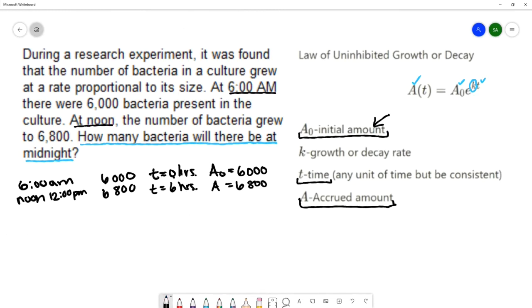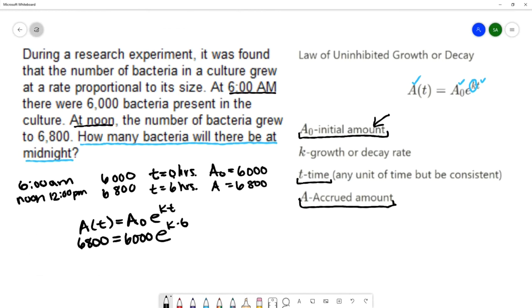So we start with our formula, A of t equals A naught e to the kt. We're going to substitute in 6,800 for A of t, 6,000 for our initial amount. k is unknown, and our time is 6 hours.